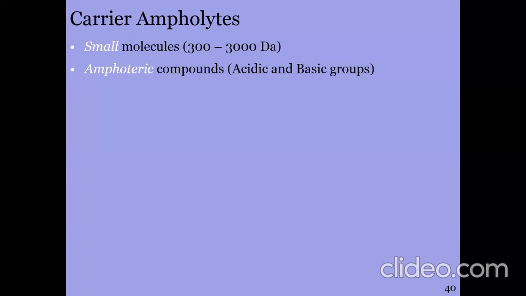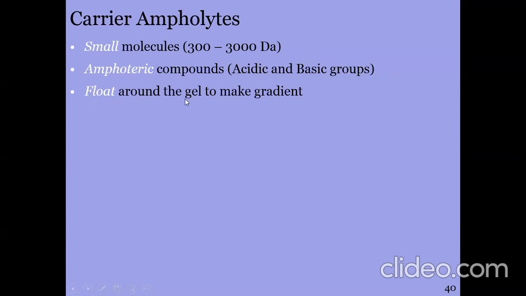And amphoteric compounds, they are acidic and basic, with acidic and basic groups, and float around the gel to make gradient. So as the name indicates, they are carriers, so they will float. So they are small, they are amphoteric, containing both acidic and basic groups.